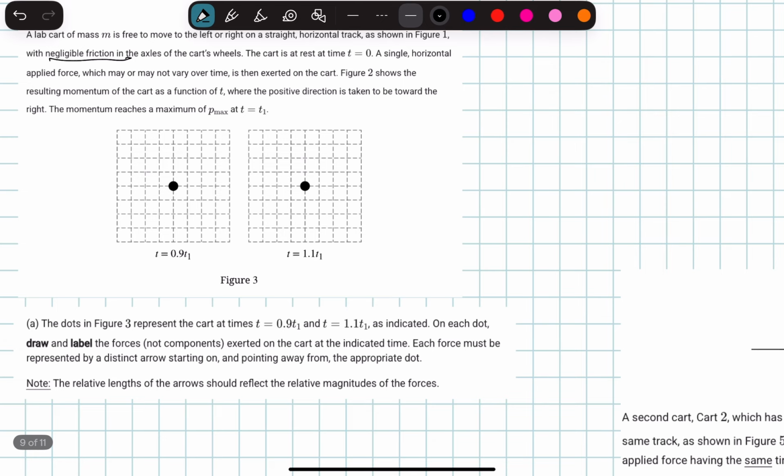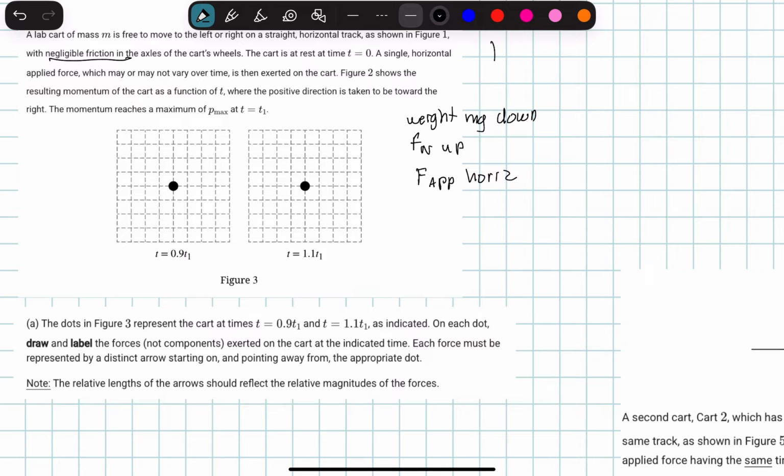So we have weight mg down, Fn up, and F applied horizontal. We can use the momentum graph to infer the direction of the force.